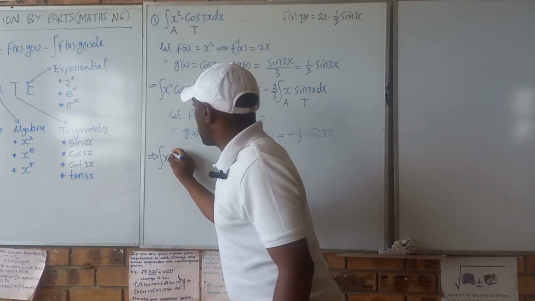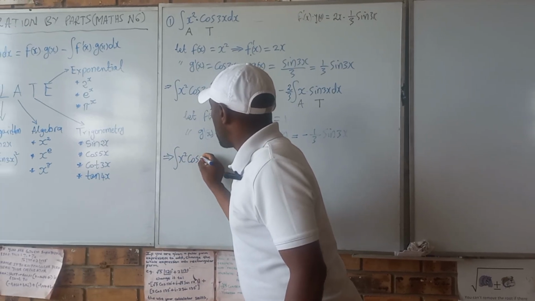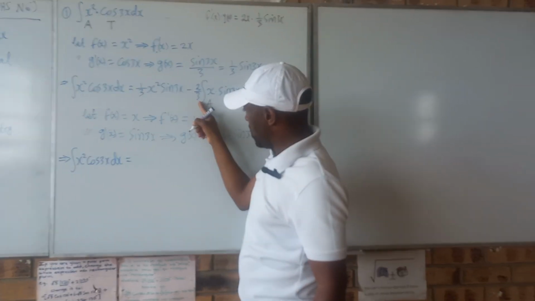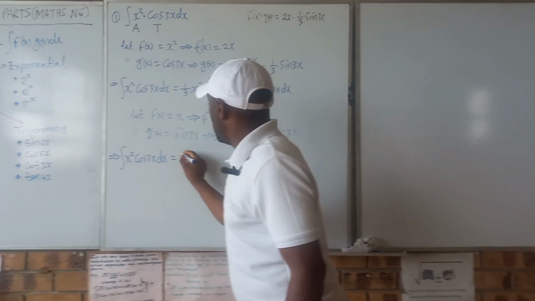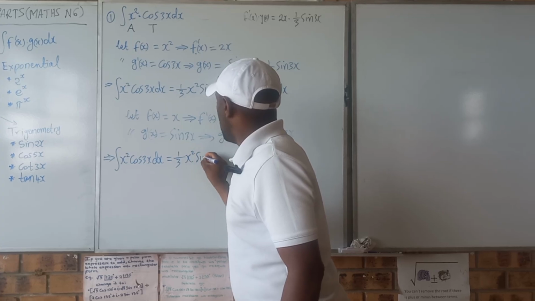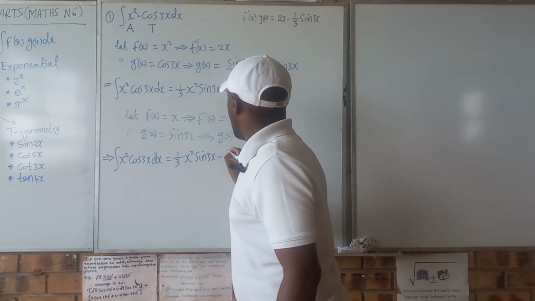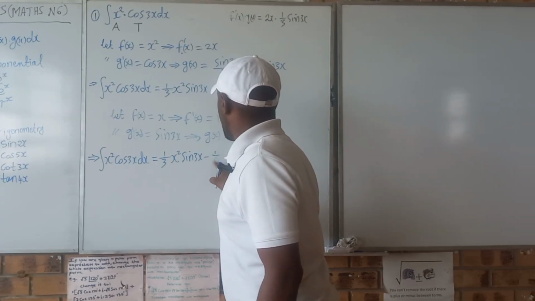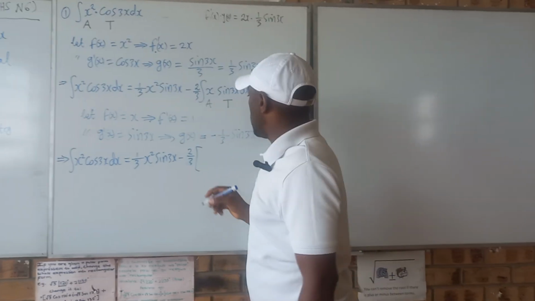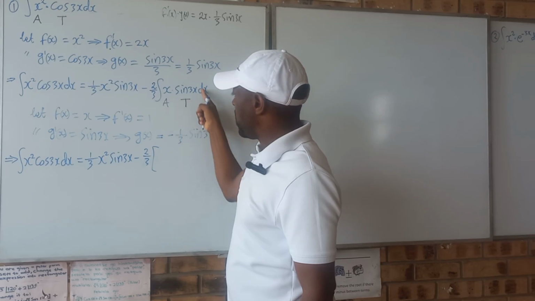So I've got the integral of x squared cos 3x is equal to 1/3 x squared sine 3x minus 2/3. Then I will open a big bracket because I now want to integrate by parts again.